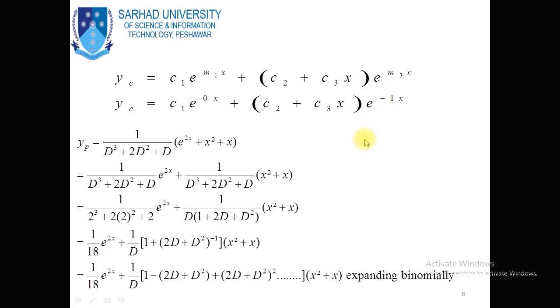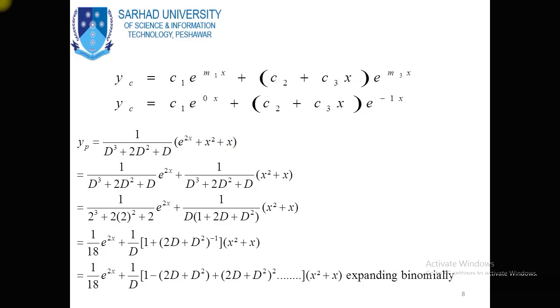Now to find the particular solution for the non-homogeneous third order linear differential equation, we write 1 over the differential operator d cube plus 2d square plus d into the right hand side function. In the right hand side function we obtain two different forms of functions. One is the exponential and the other is the polynomial x square plus x.